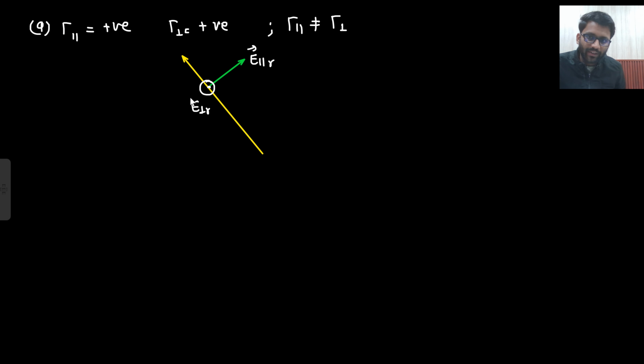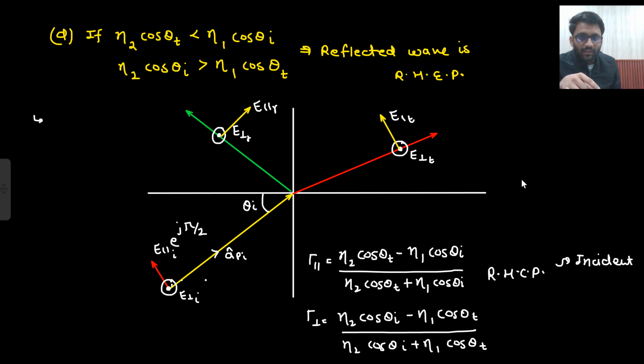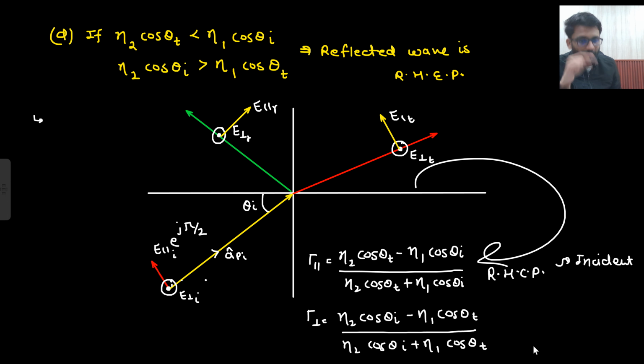If you have studied oblique incidence well, then you will be able to understand what I am saying: if both are positive, whatever actual direction we have is correct, because we assumed this setup and then derived the formula.